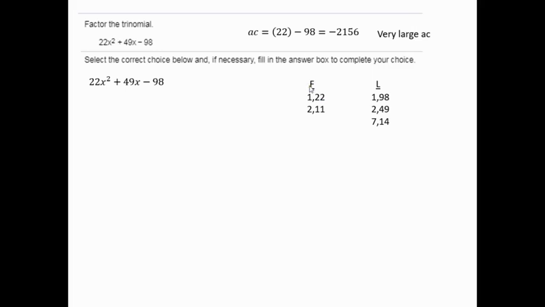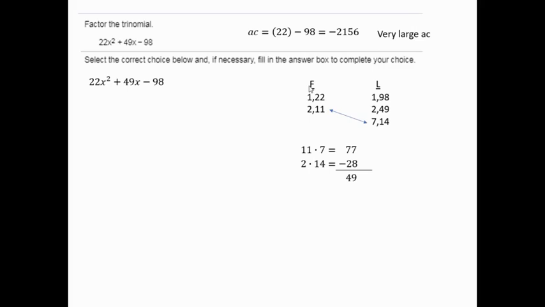Now I'm trying to get 49. After we play around with this a little bit, we eventually will see that 11 times 7 is 77, and 2 times 14 is negative 28, and that yields 49.